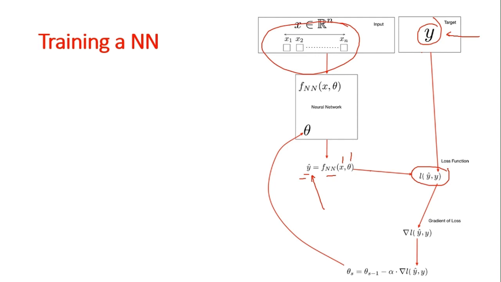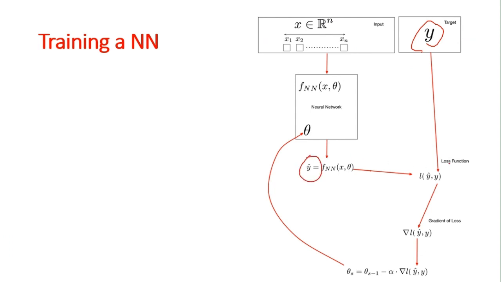This function is known as the loss function, which is actually an error function, which calculates the error between the actual output and the estimated output. So this is the loss function, L of y cap comma y.